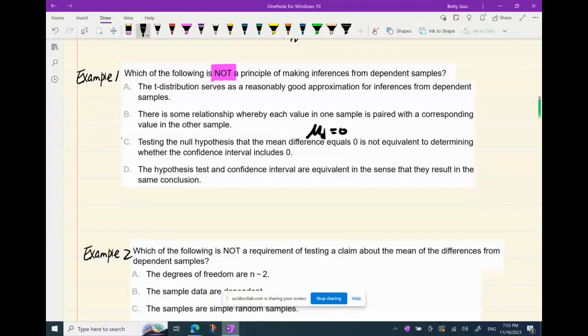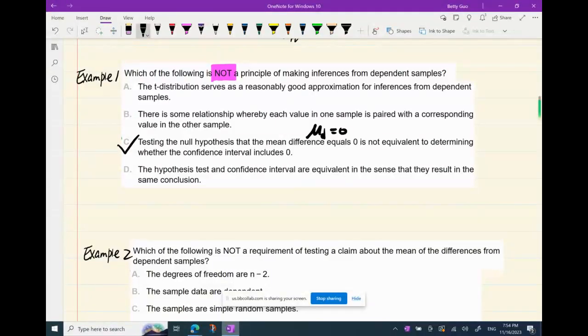Let's look at D. The hypothesis test and the confidence interval are equivalent. We mentioned that in the sense that they result in the same conclusion. A, B, D are all correct. C is incorrect.